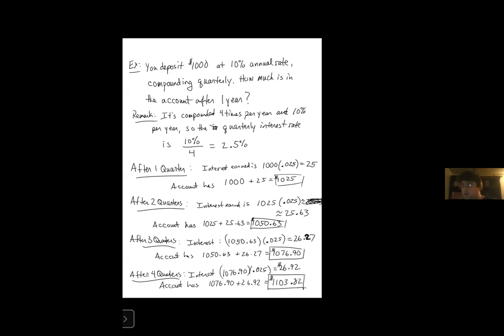Well, first, let's go to a new page. First, our interest rate: notice in those last 2 examples, we handled the interest rate differently. So I'm just going to write this as a remark. Remark. We're going to call it the periodic rate. So it's a remark and a definition.